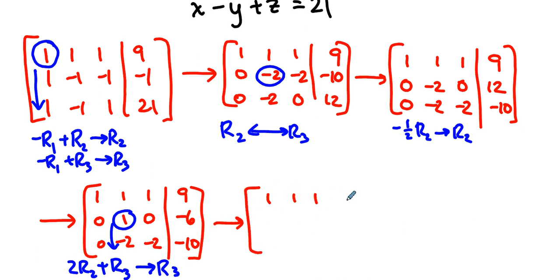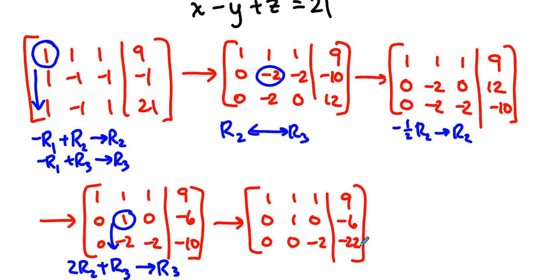Row 1 remains the same. Row 2 remains the same. And row 3, twice this plus that, for each entry. Not too shabby.